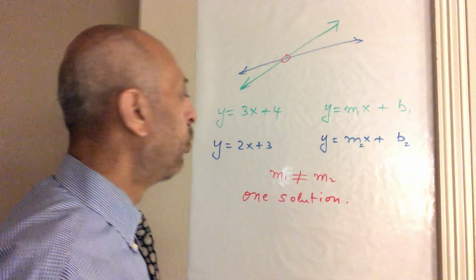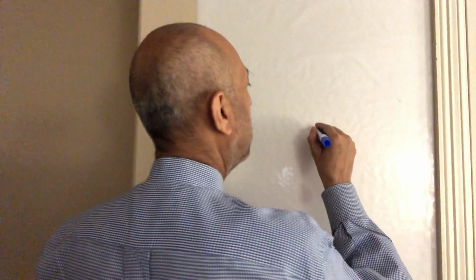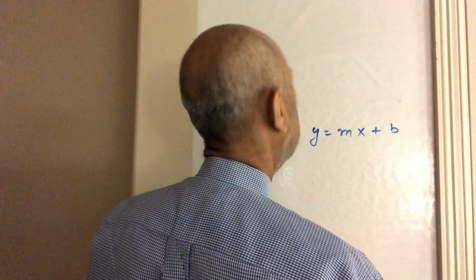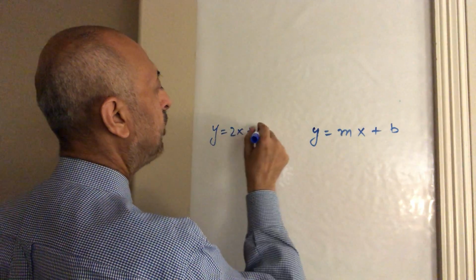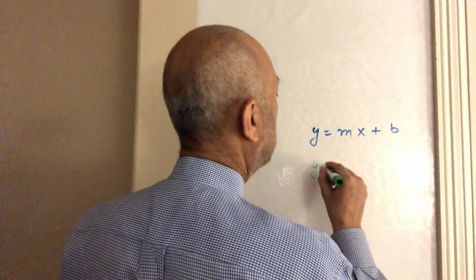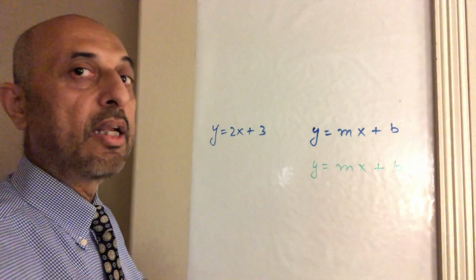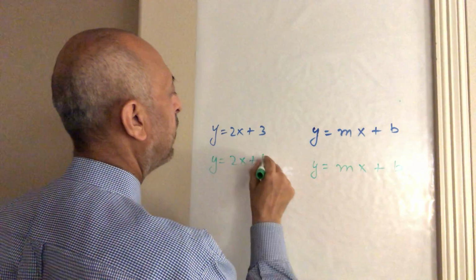Second situation will be when the slopes are the same. If the slopes are the same, then I can say y equals mx plus b. I can put an example such as y equals 2x plus 3, and the second equation is y equals mx plus b, and let's say I have y equals 2x plus 4.